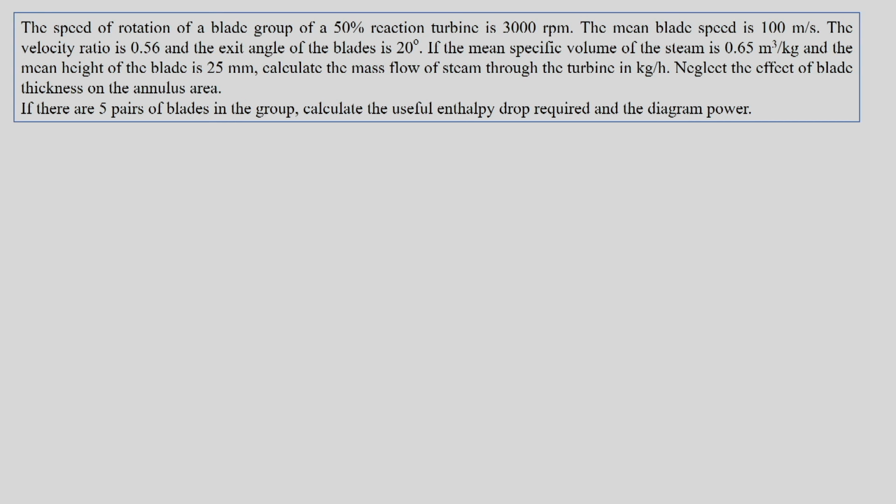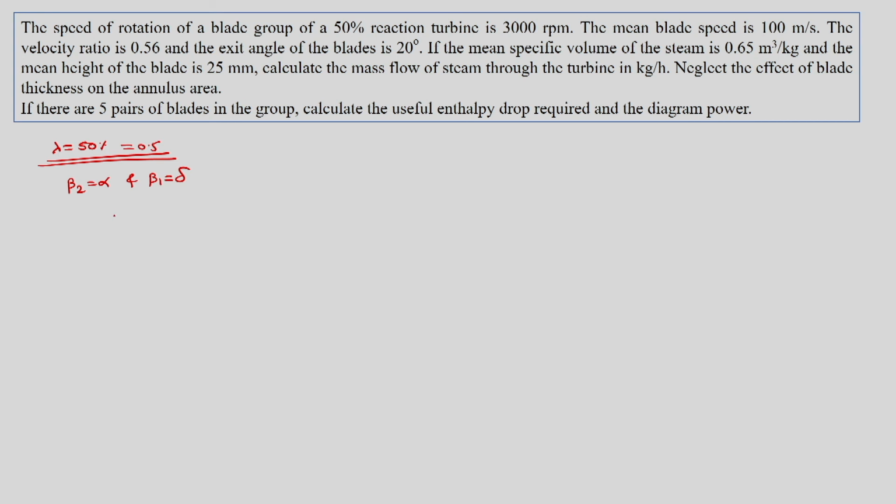In this example again, what we have is lambda equal to 50% or 0.5 degree of reaction. So we have beta 2 equal to alpha and beta 1 equal to delta or alpha 2 as per the sign convention.